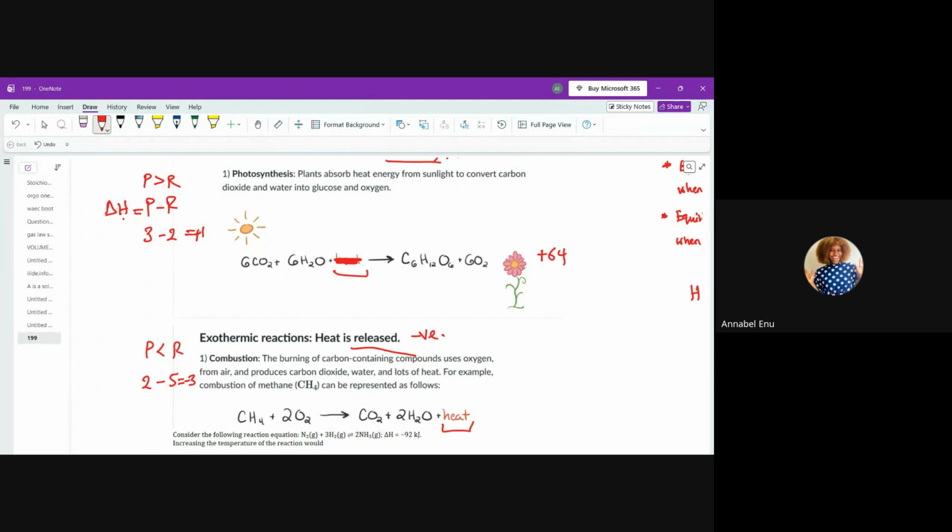This tells you that this is an endothermic process, which would also mean that our heat is part of the reactant. But what if it was a negative 64? It will imply that our heat is part of the product, even without your equation writing it. Do you understand? Do you all understand?